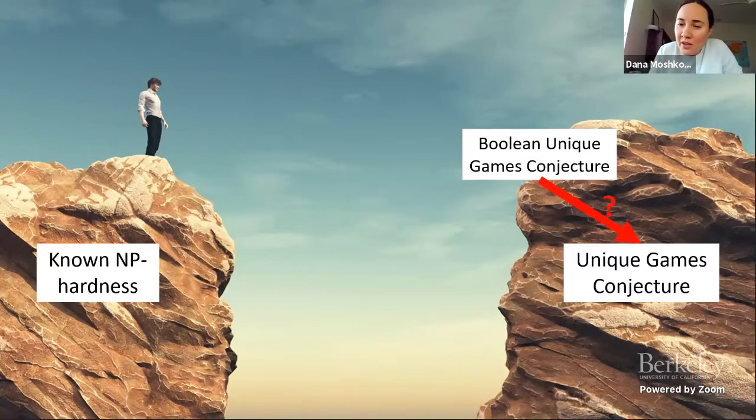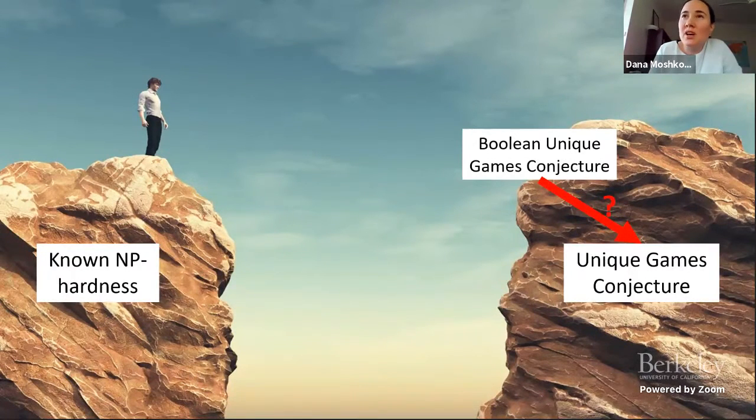It's a very famous open problem whether hardness of Boolean Unique Games implies the full Unique Games conjecture. This is known as the strong parallel repetition question. There was a lot of research on it. There is a known obstacle to get this.